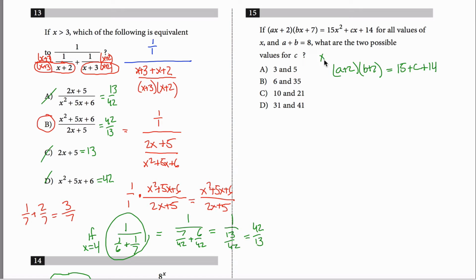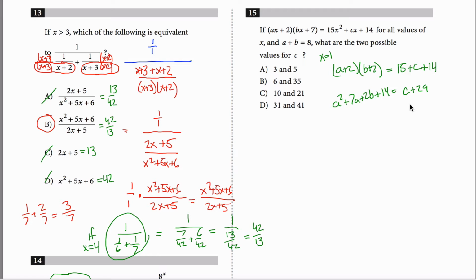What I did is I took x and set it equal to 1 because that was the easiest for me to do in my head. But really, what is this saying? A plus 2 times b plus 7 is equal to c plus 29. So I guess I could say a squared plus 9, nope, that's not true, plus 7a plus 2b plus 14 is equal to c plus 29.